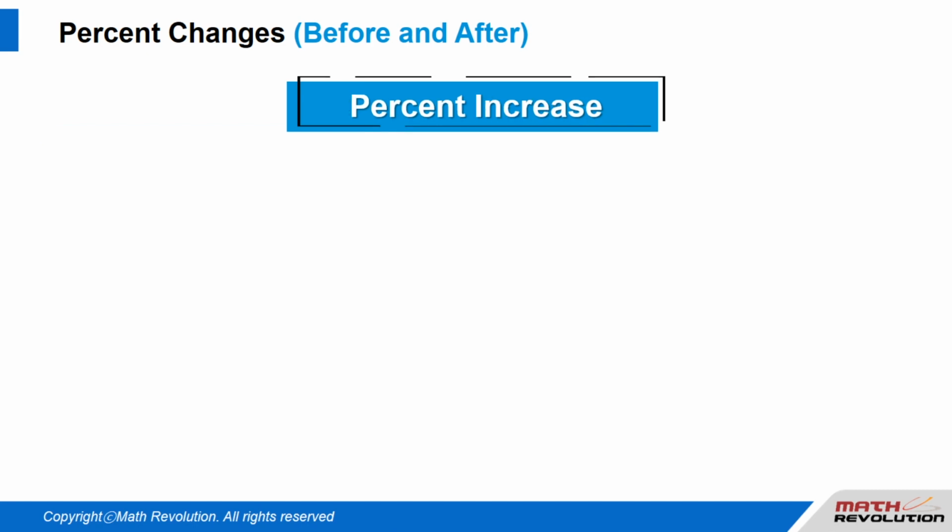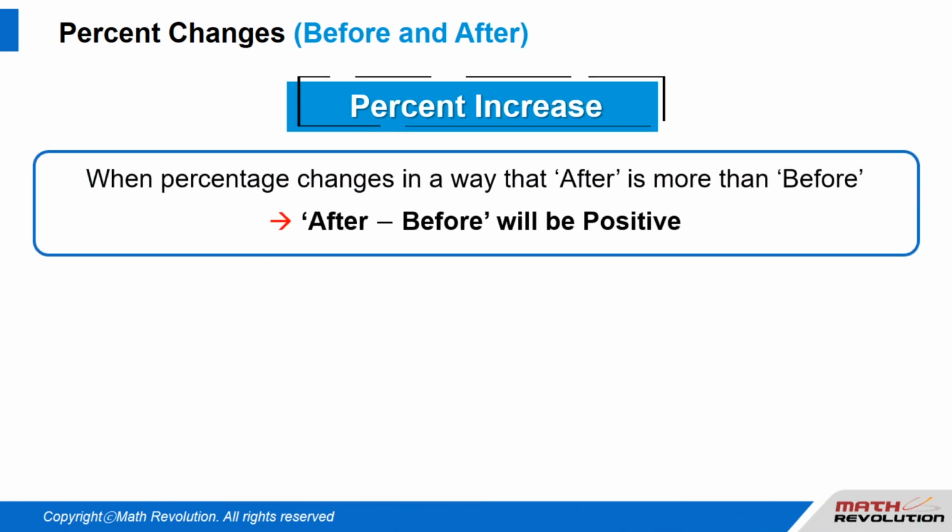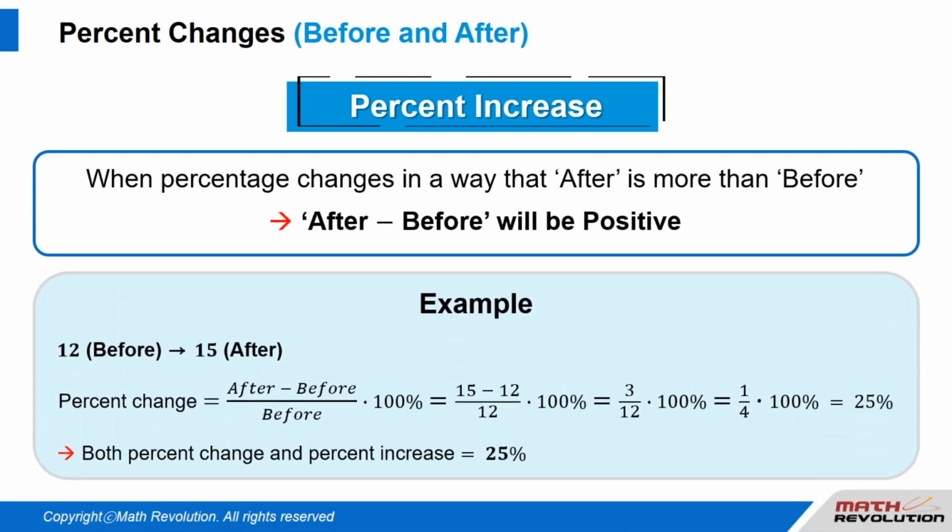Percent increase. Let's look at a time when percentage changes in a way that after is more than before. Percent increase equals after minus before over before times 100%, when before becomes after. Here, after minus before will be positive. For example, 12 before becomes 15 after.